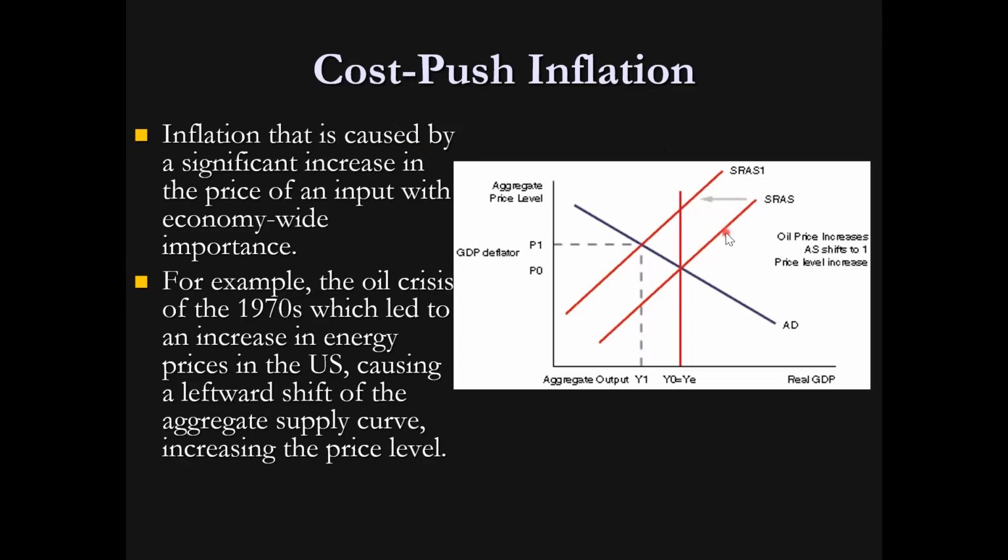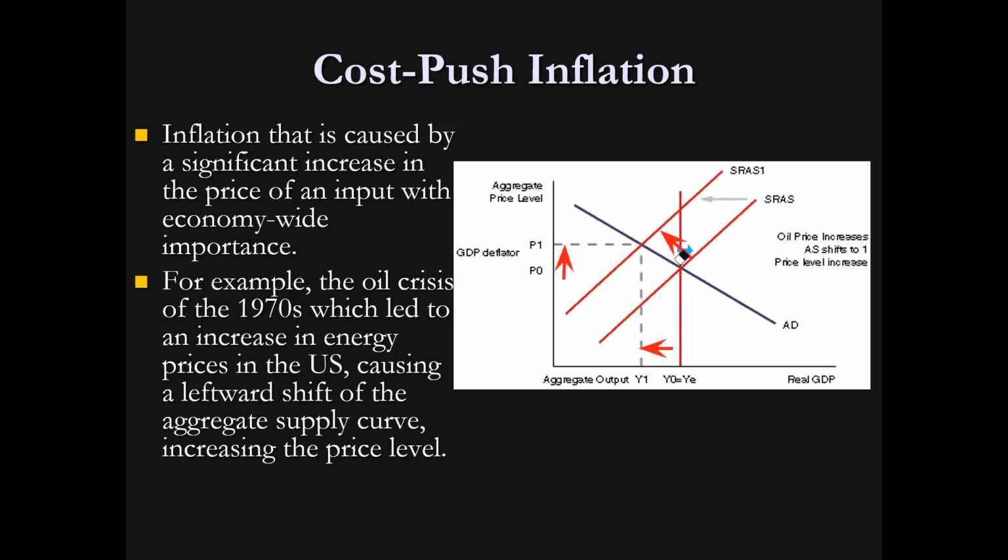From this situation to this situation, we have an increase in prices and a decrease in amounts. Here we had a shift to the left for the short-run aggregate supply.